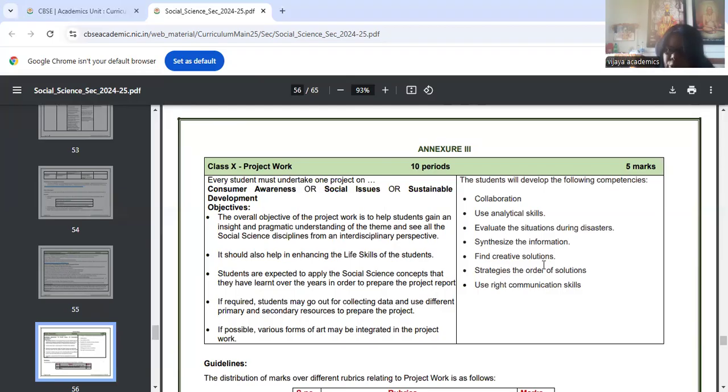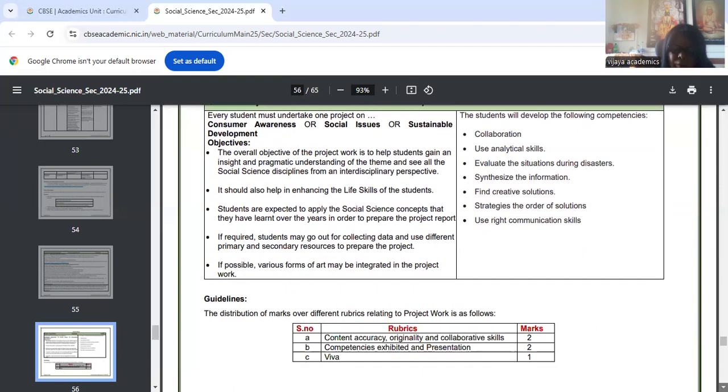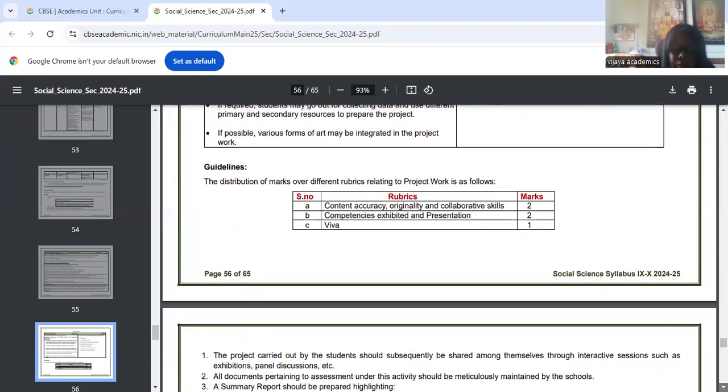Now, the students will develop the following competencies: collaboration, use of analytical skills, evaluating the situation during the disaster, synthesizing the information, finding creative solutions, strategies, the order of solutions, and using right communication skills. Now, the following guidelines are given over here.